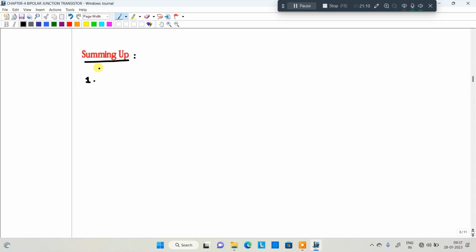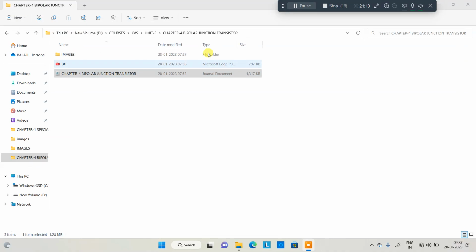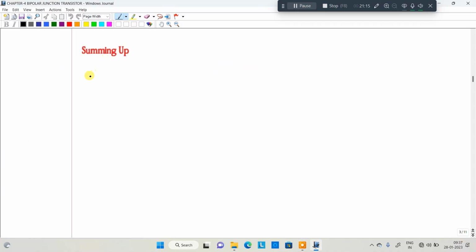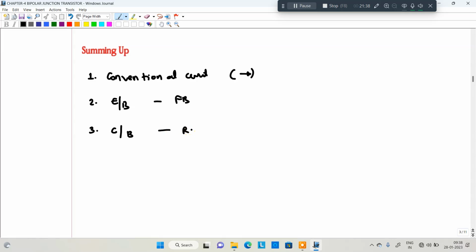First, we consider conventional current flow only, so the arrow represents the conventional current. Second, the emitter base junction, that is the input junction, is always forward biased. Third, the collector base junction is always reverse biased. Fourth, the emitter current, irrespective of PNP or NPN transistor, is equal to base current plus collector current. These are the things we need to remember.